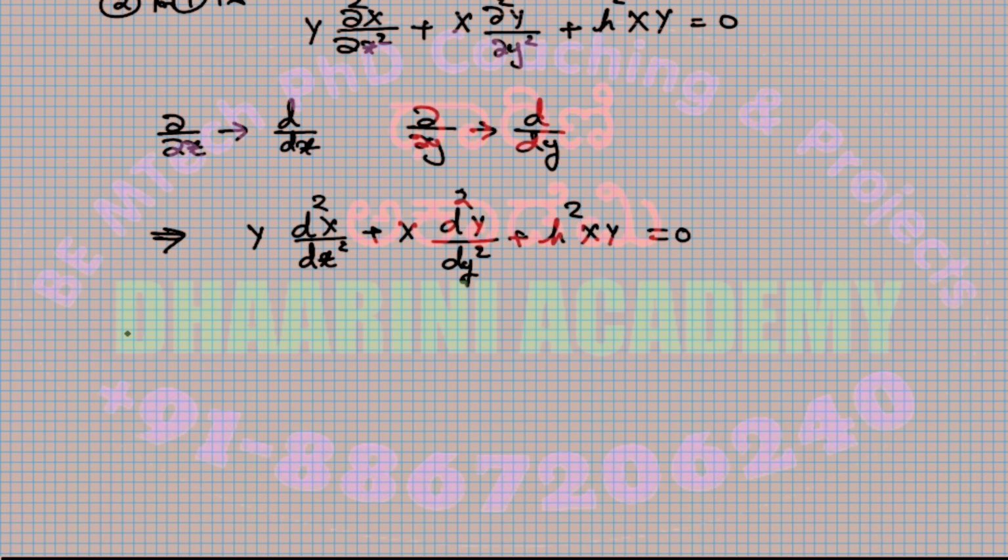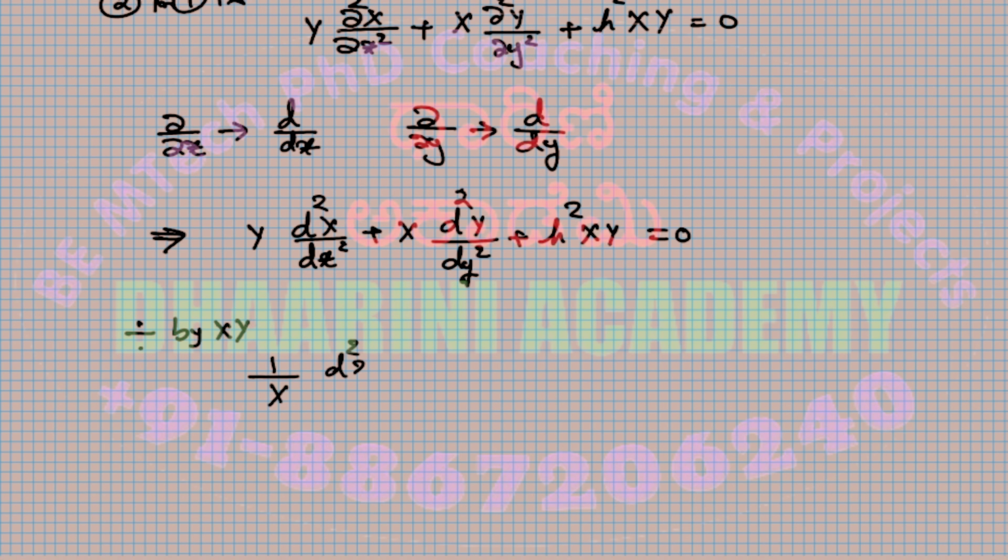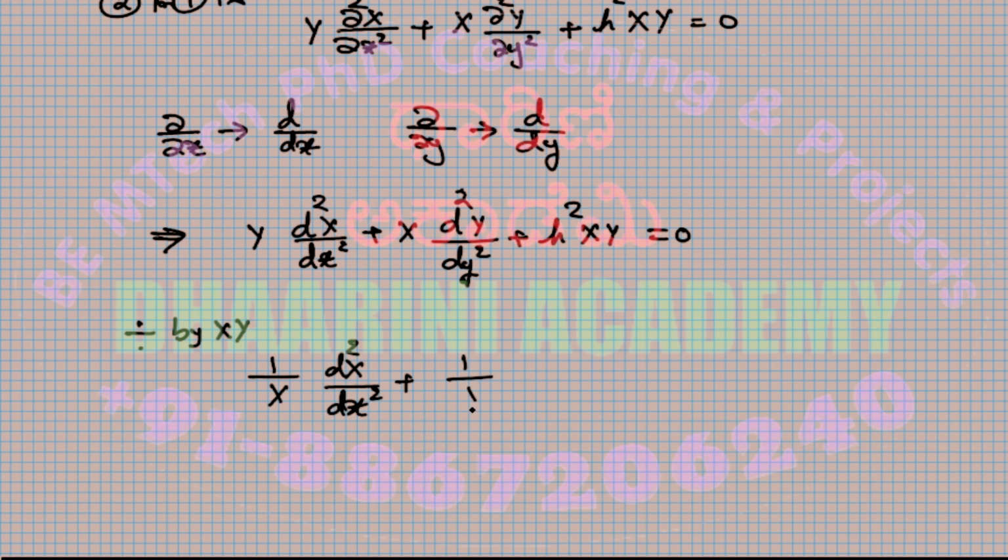I'll do another modification, dividing by capital XY throughout. So when I divide, I get (1/X) d²X/dx² plus (1/Y) d²Y/dy² plus h² equals 0.